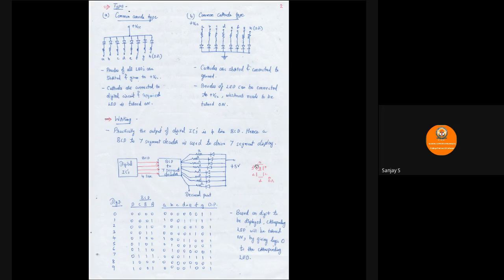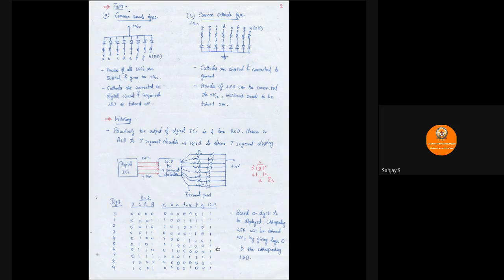So in this display, we can see that if 9 has to be displayed, then A, F, G, B, C, and then D must be on. So they all should be 0. So you can see here A, B, C, D, F, G are zeros. E and DP will be in off condition. So E and DP should not be on. So it is 1 here.